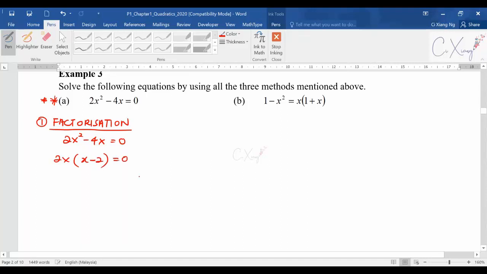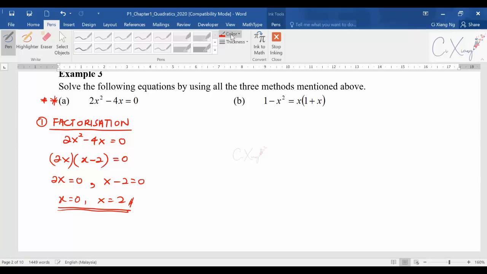And I let it equal 0. My right hand side is equal to 0 already. Therefore, I can separate it into two brackets equal to 0. So 2x equals 0, x minus 2 equals 0. And therefore, x equals 0, x equals 2. So this is the first method. Not hard, very simple.